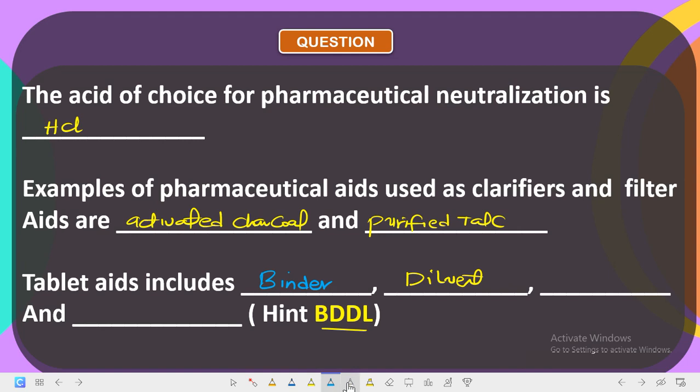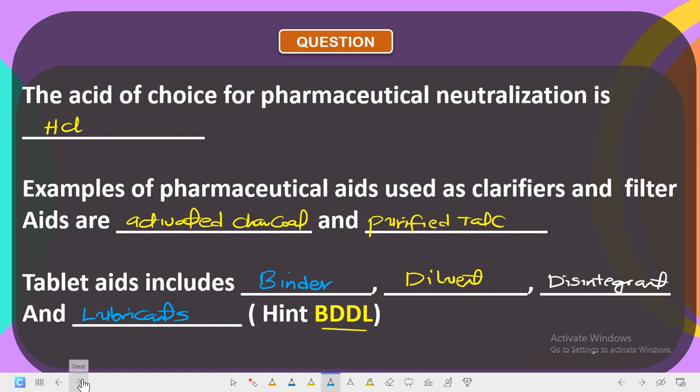This other D is disintegrant. And then finally, the last L is called lubricant. So these are the tablet aids. You have the binder, we have the diluent, disintegrant, and lubricant, which is given as BDDL.